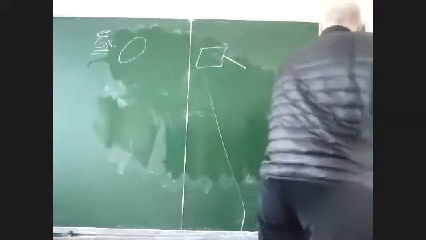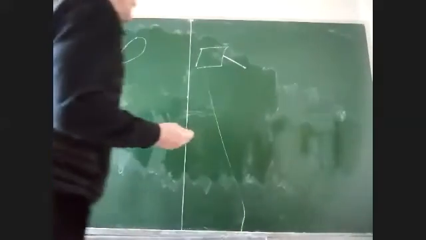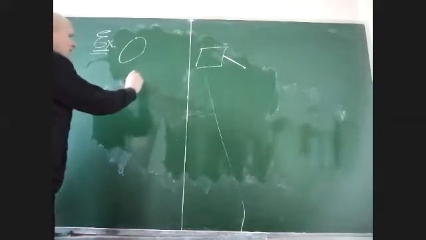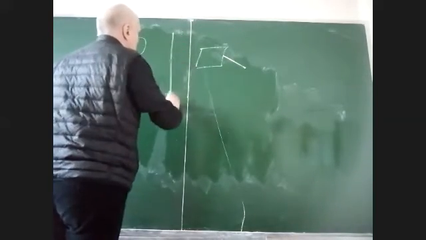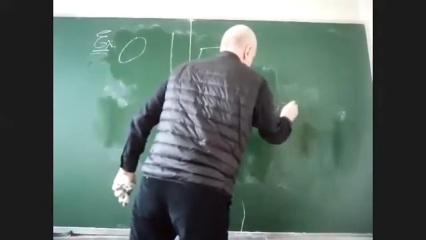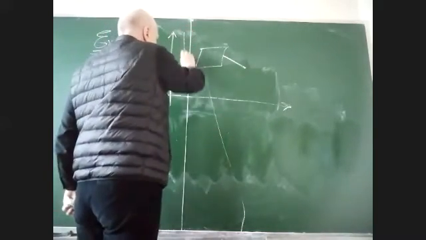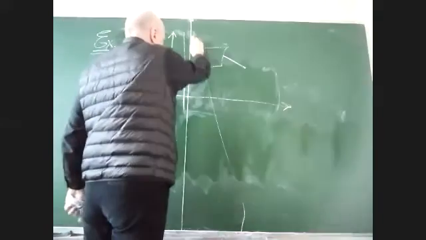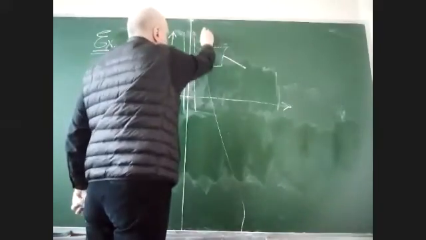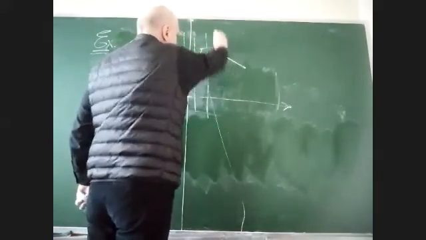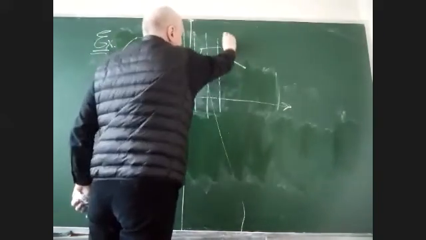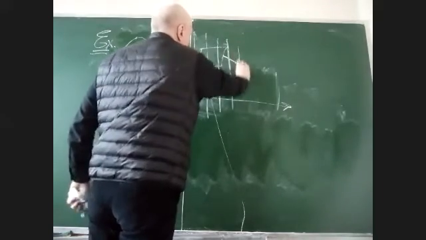Suppose that we have a coordinate system here, and then let us draw vertical lines and consider vertical sections of our set. Here, here, and so on.